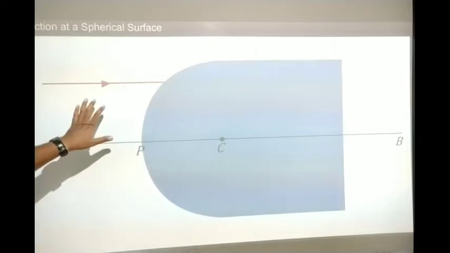Let C be the center of curvature of the spherical surface, AB be the principal axis, and B be the point of intersection of the spherical surface and the principal axis. If a ray of light is incident on the spherical surface, it refracts into the second medium.